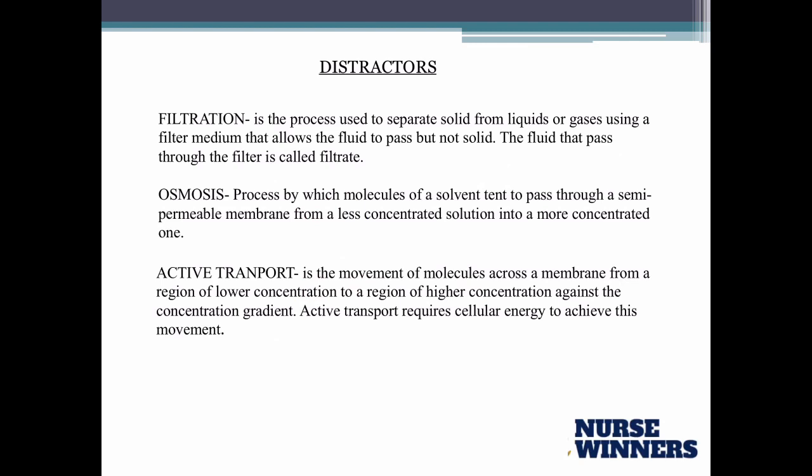It is the process by which molecules of a solvent tend to pass through a semi-permeable membrane from a less concentrated solution into a more concentrated one. Active transport. It is the movement of molecules across a membrane from a region of lower concentration to a region of higher concentration against the concentration gradient. This active transport requires cellular energy to achieve this movement.